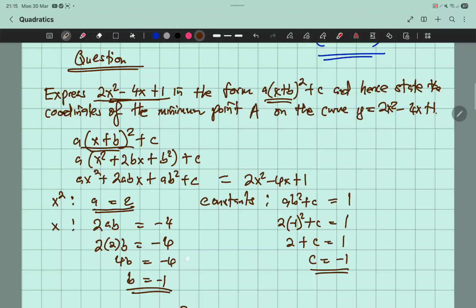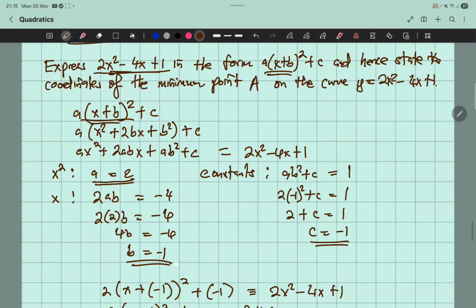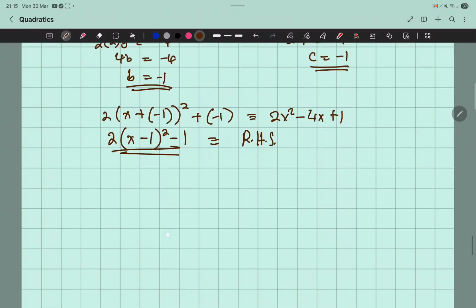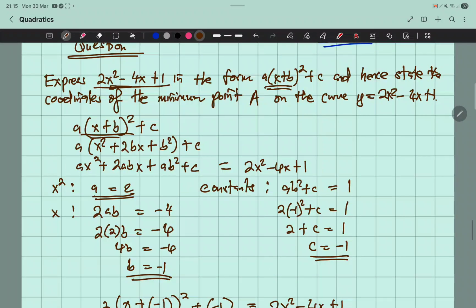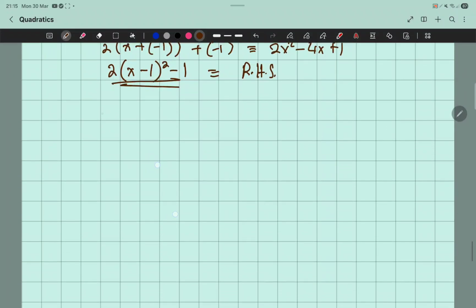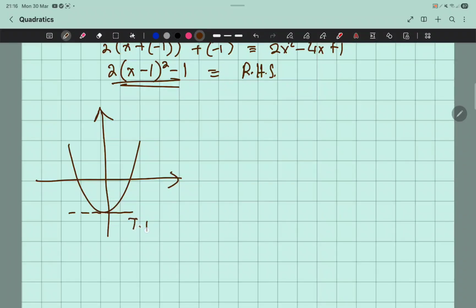So here a is the coefficient of x squared, and it is a positive number, so our graph opens upward, and so we can find the minimum point. The minimum point of this graph is simply the turning point.